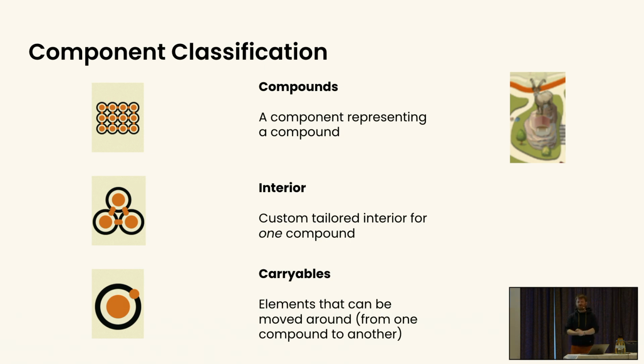So might be a rocks figure or an aquarium. And you should not move the aquarium into something that requires rocks. So it has a given purpose. But the things that we can move from one compound to another become our carnivores. Like little elements, that's fine to have them in every compound.